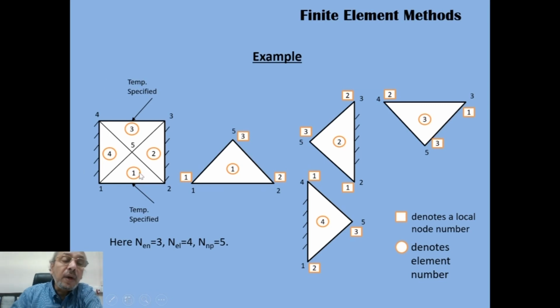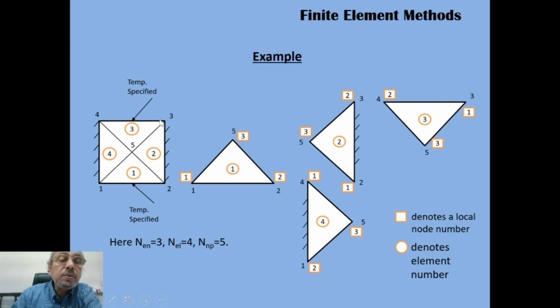See, there is a square domain and it has 4 triangles, and one side boundary is specified, that is a Dirichlet boundary condition. We know the temperature here. Another side, again, temperature is specified.